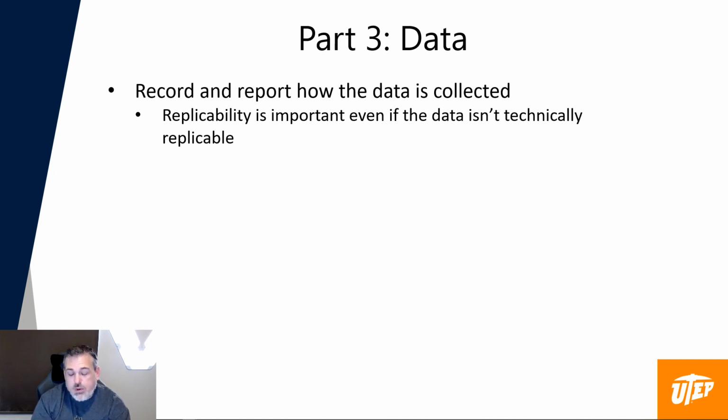But if you know exactly how the data was collected, you know the method by which that information was gathered, well, then we can easily make the argument that if conditions were the same, any of us could have entered that environment and collected that data. And so while it's not technically replicable, meaning that no one else could collect that data, the method you followed is replicable.